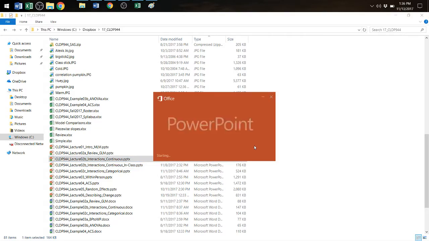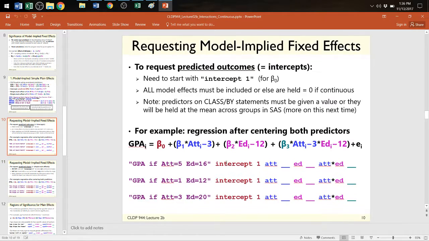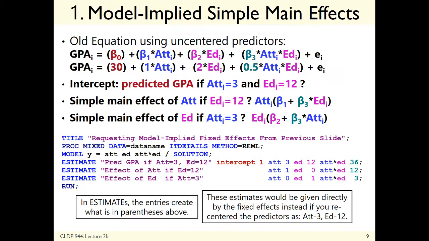There it is. So we started looking at this. I fixed this slide, by the way, the corrected version is up. This is slide 9, which had typos in it. If you are predicting outcomes, what goes in your estimate statement?